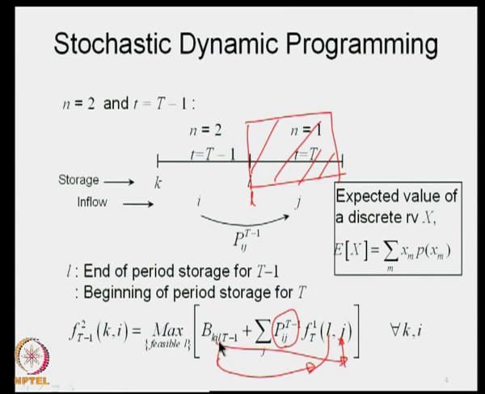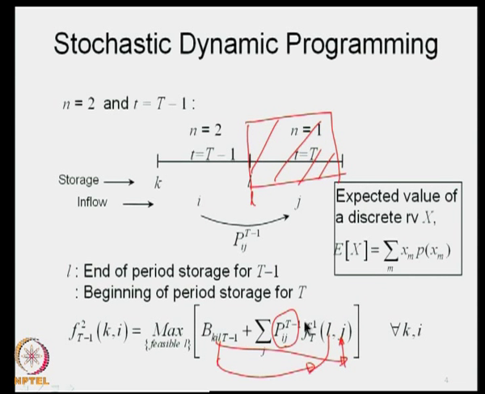I goes from I to j with a probability of Pij t minus 1. If it goes to j for this given L, the system performance measure is f1t L comma j, which we have already solved for this time period.